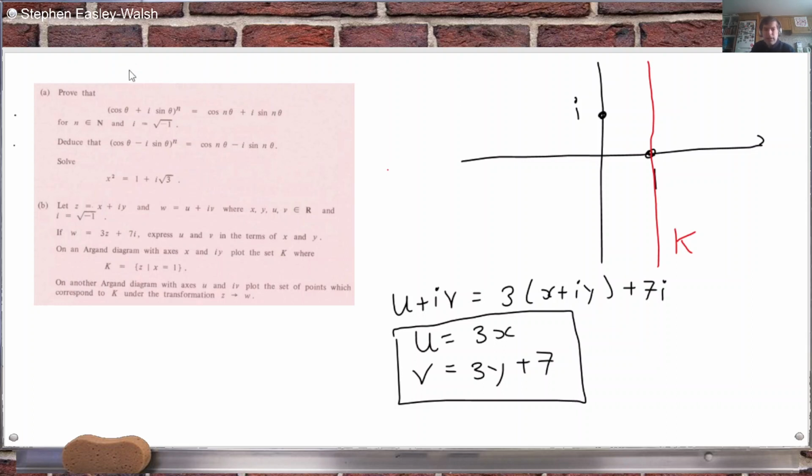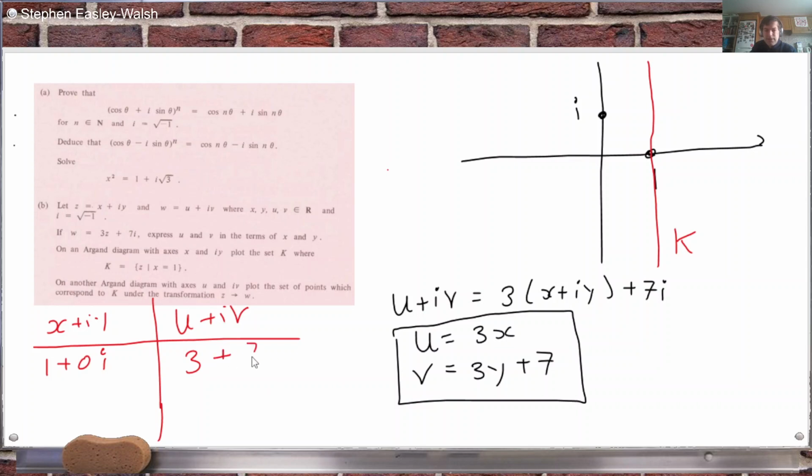So for example, if you have x plus iy here and then u plus iv, we'll just take the point 1 plus 0i. u would be 3x, so that would be 3, so it gets pushed out to 3, and then the y would be 3 times 0, okay, so just plus 7i.